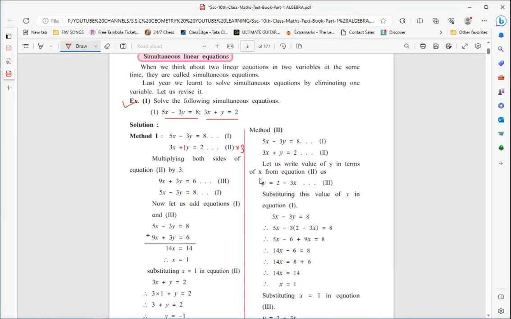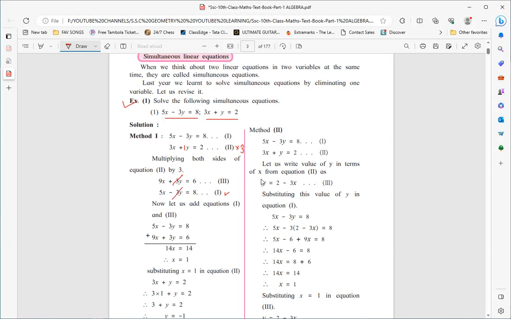So 9x plus 3y is equal to 6. And 5x minus 3y is equal to 8 is equation number 1. Okay, so equation number 2 has been converted to equation number 3 by multiplying both sides by 3.